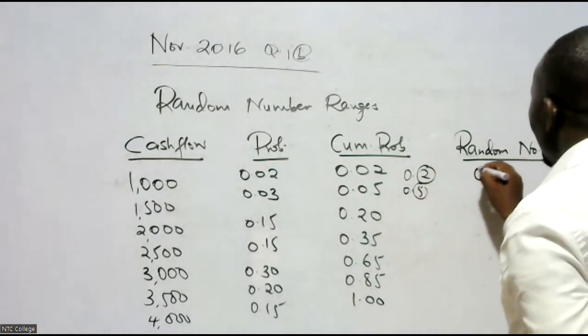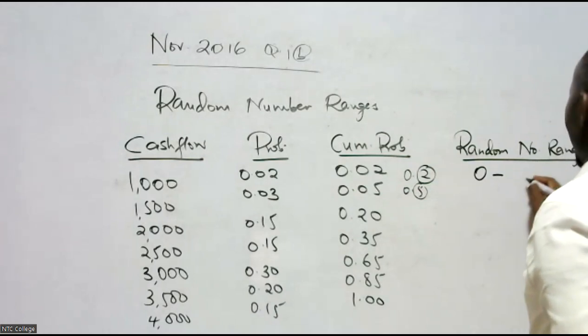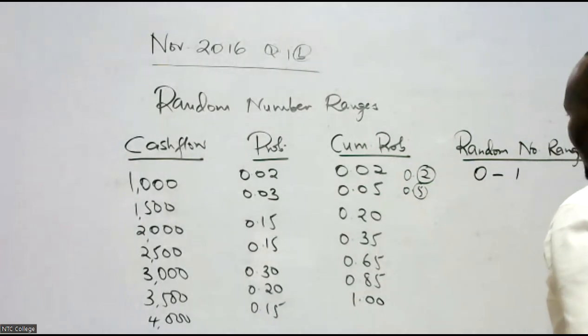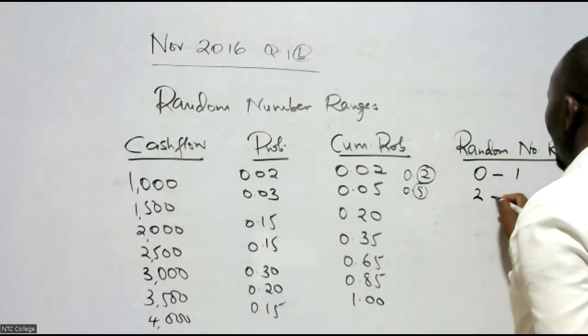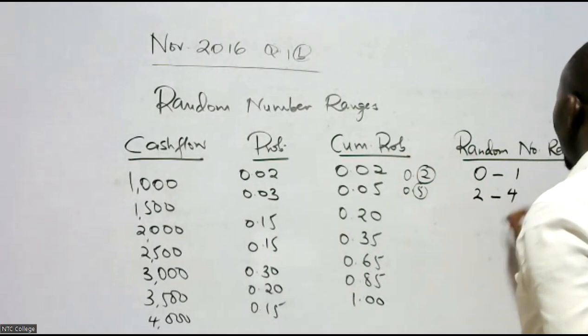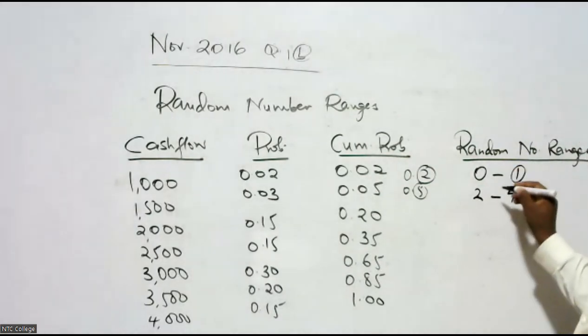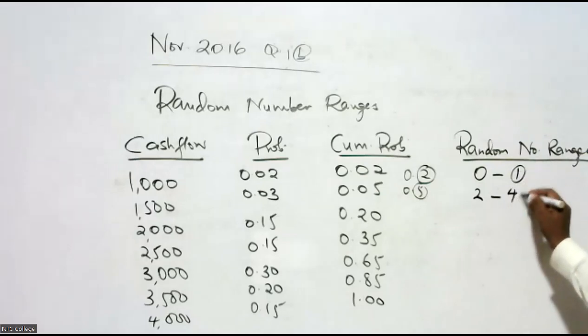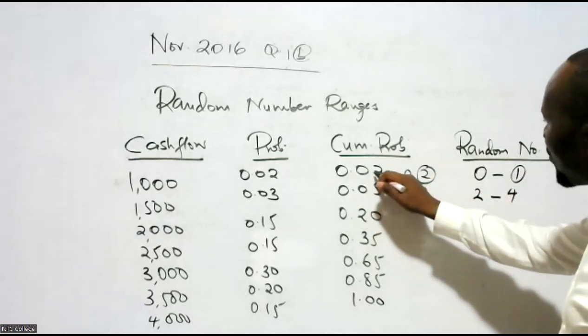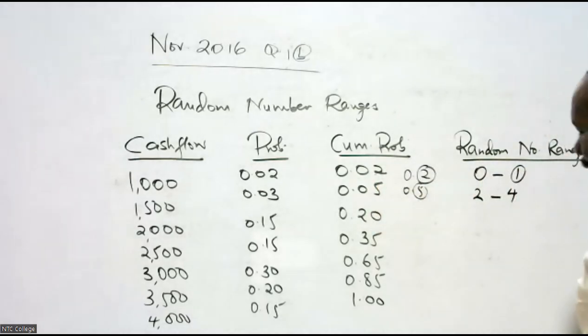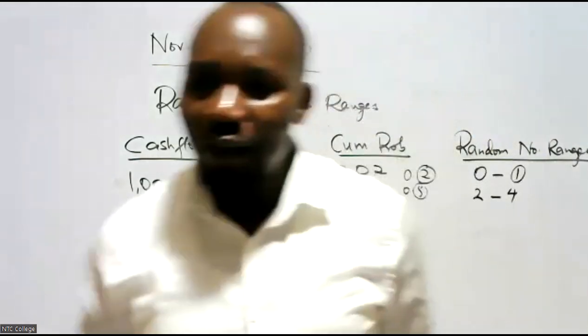So here you say 0 to 1 less than this, so we have 1. Then 2, 4. This one should have been 1 digit. But now there are 2 decimal places. We must have 2 digits here. So how do we expand it?